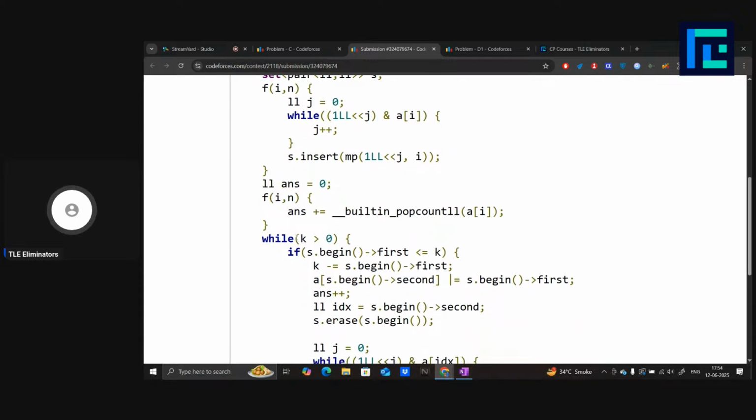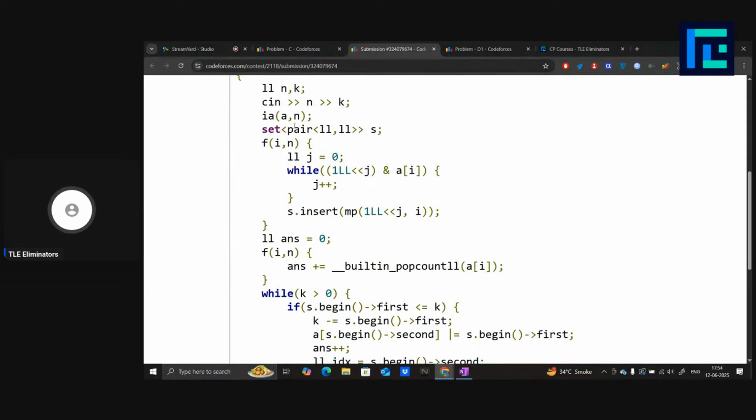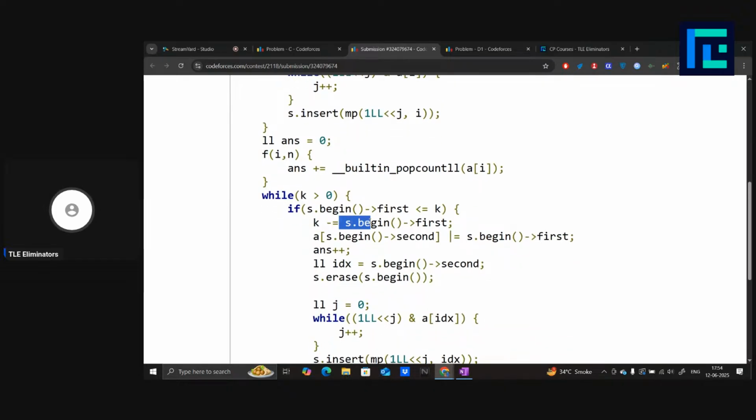Now, while k greater than 0, if s.begin().first, that means the minimum element in this set, is less than or equal to k, that means we can increase that element this many number of times. So k will decrease by this much.